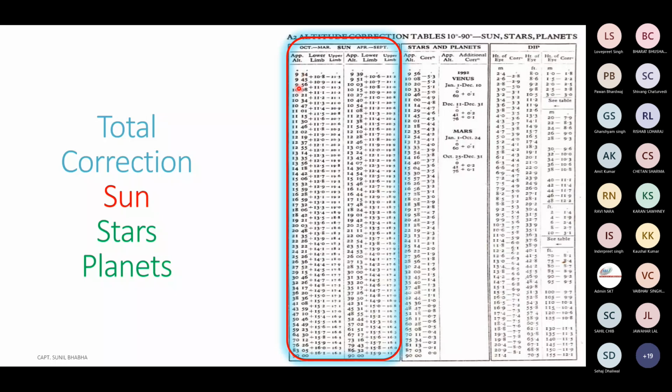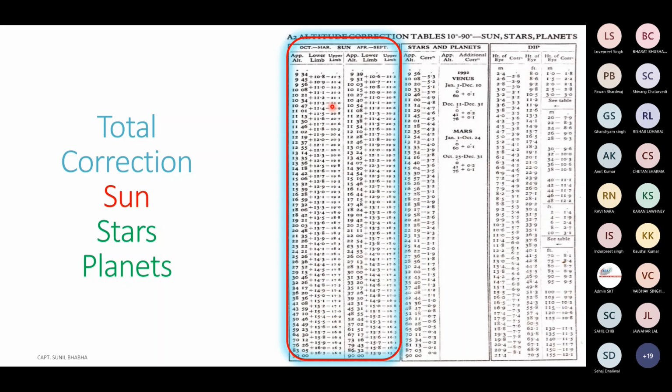For each apparent altitude, or for a range of apparent altitudes, 2 corrections are given. The first correction is for the lower limb of the sun, and you can see a positive sign in front of it. The second column gives you the correction for the upper limb of the sun. You can see a negative sign for the upper limb total correction.